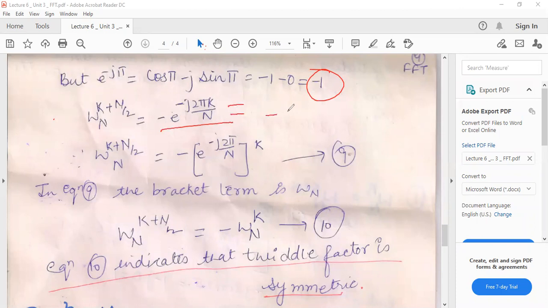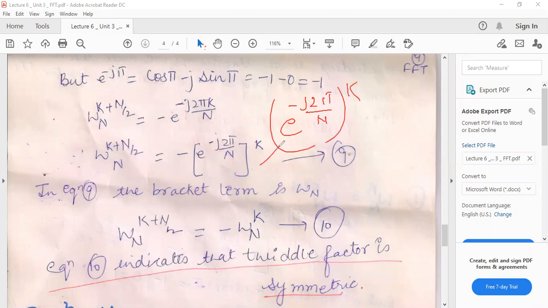So this equation further is written like this. Let us erase this one, and then let us take the pen. So we'll write e^(-j2π/N) and then k. Right, so this is what we have written here in equation number 9.